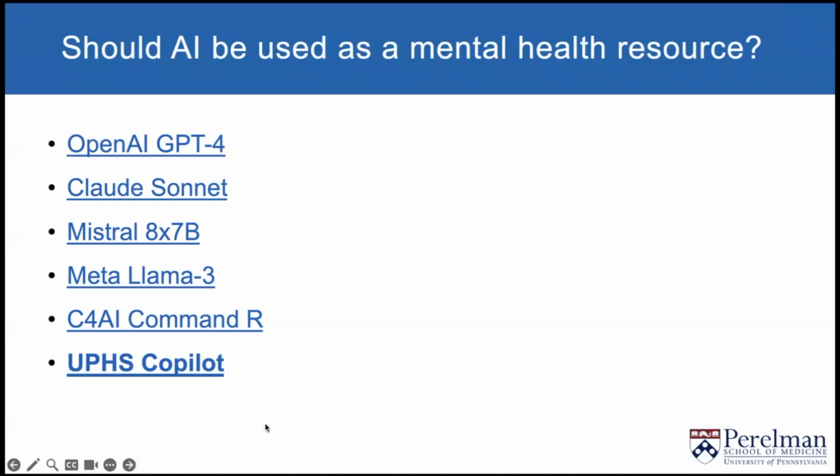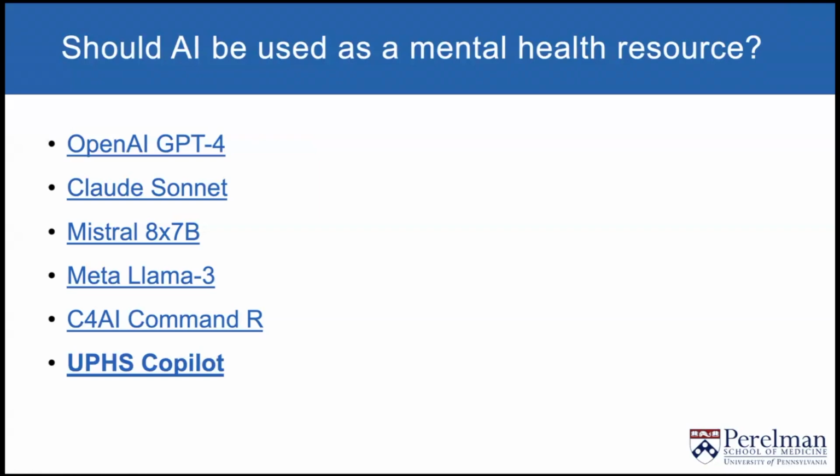An example of this is that the University of Pennsylvania Health System, UPHS, has the UPHS Copilot model, which I'm not sure if you have access to, but essentially it's available for any clinician with UPHS access to use these AI models and actually give HIPAA protected information so that the model can use that to generate recommendations. If you're interested, I'm happy to demo this with you if you don't already have access.